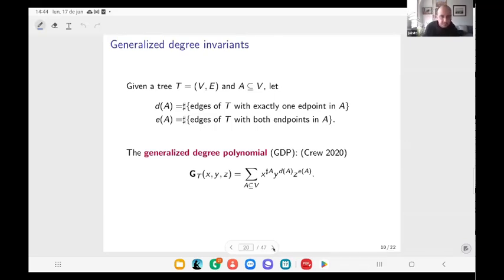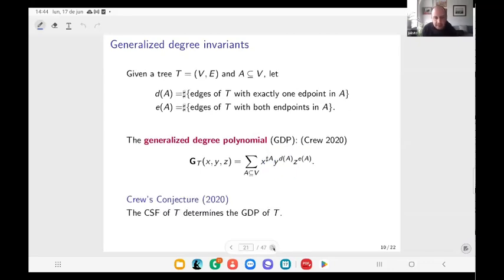And so he counts how many edges have one endpoint in A, and how many edges have 2 endpoints in A. And so I'm going to get a generating function with these 3 parameters. Okay. And so this is a slightly more general polynomial.